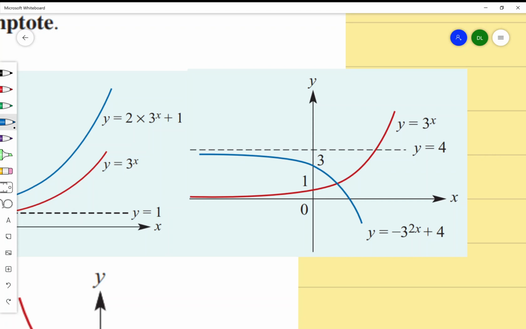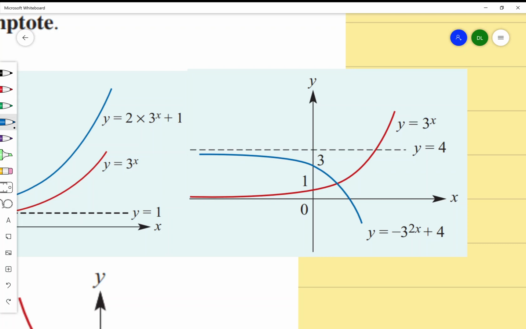Also, because it's to the power of 2x, now I'm kind of jumping ahead a little bit, but to the power of 2x means that it's kind of dilated or squished along the x-axis. If you think about it the other way around, instead of thinking how do I multiply to get that number, whatever value I put in, so let's say 3 to the power of x, if I wanted to get 3 to the power of 4, I would substitute x for 4.